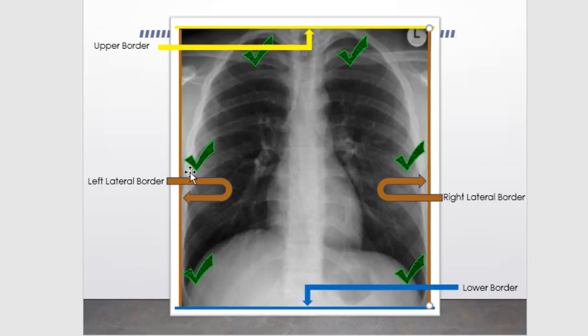This is the right lateral border and this is the left lateral border. The lateral border includes the lateral aspect of the ribs, both sides. So overall, commenting on area and anatomy is very simple. Upper border includes both apices of the lungs. Lower border includes both costophrenic angles. Lateral border includes the lateral thoracic rib cage. Simple as that.